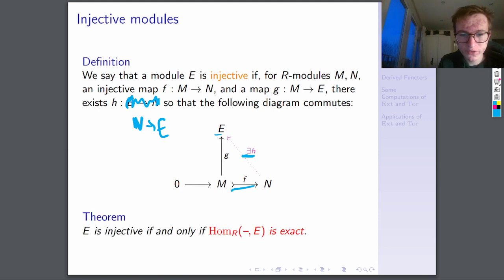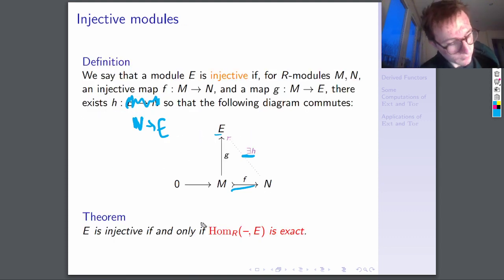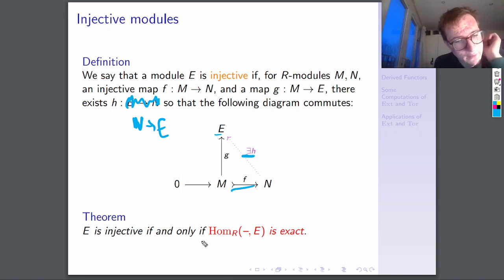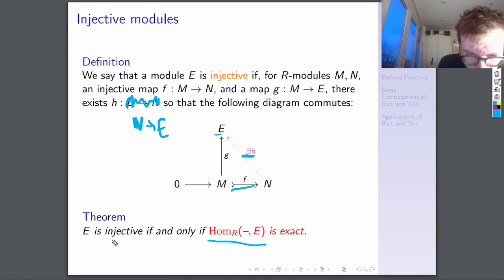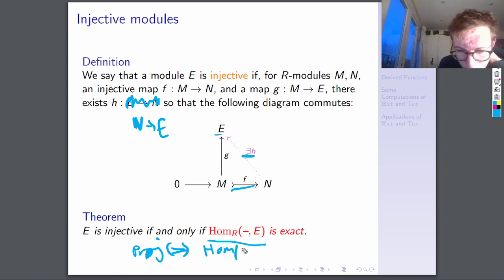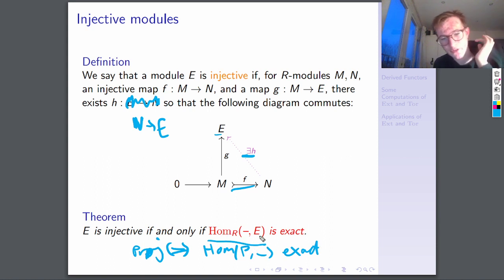Similarly to projective modules, E is injective if and only if the contravariant Hom functor is exact. Remember that P is projective if and only if Hom(P, -) is exact, but this time E is injective if and only if the contravariant version is exact.